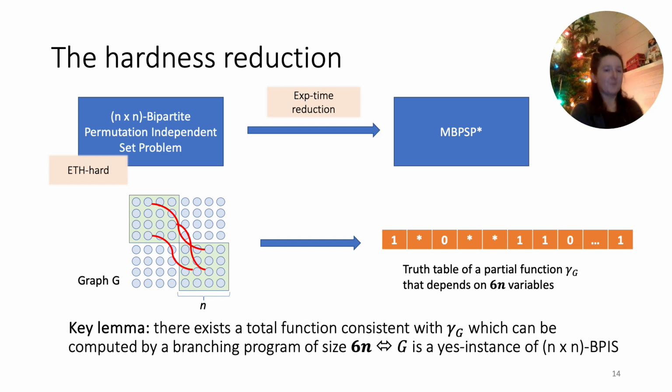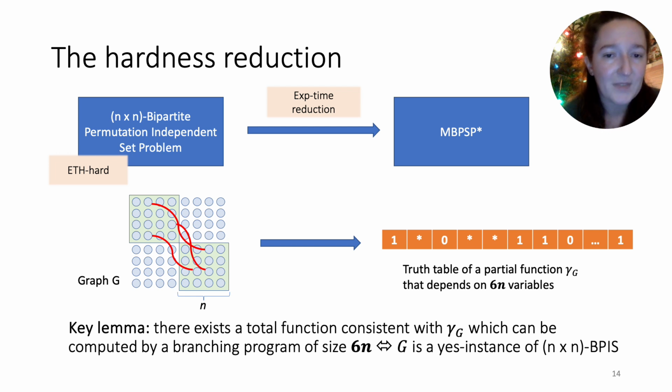And the key lemma is that there exists a total function consistent with gamma G, which can be computed efficiently by a branching program of size exactly 6n, if and only if G is a yes instance of BPIS, the bipartite permutation independent set problem.